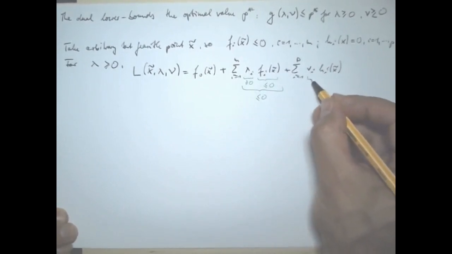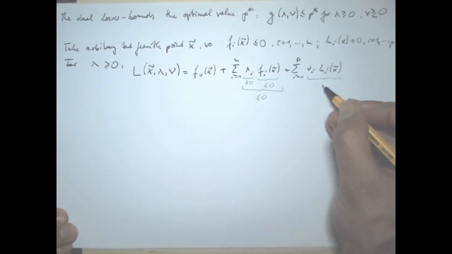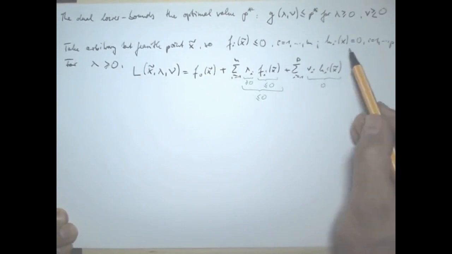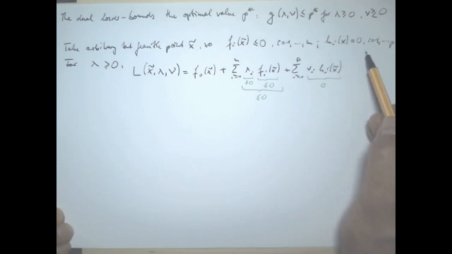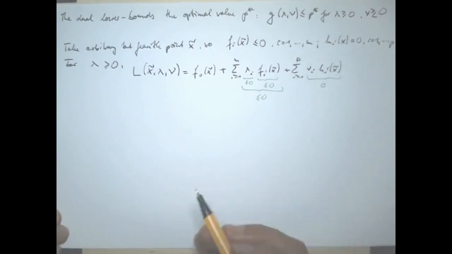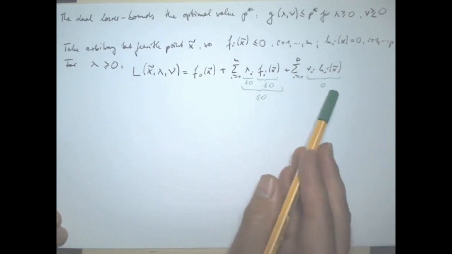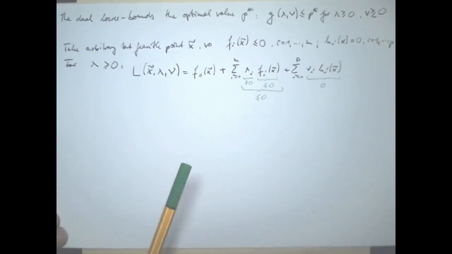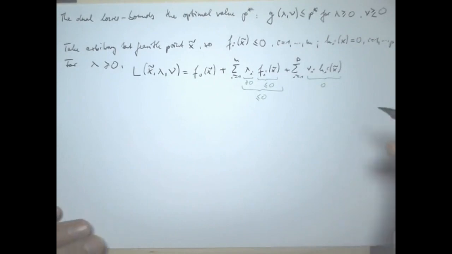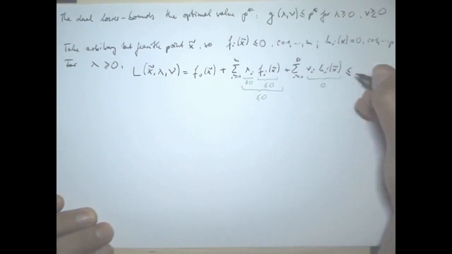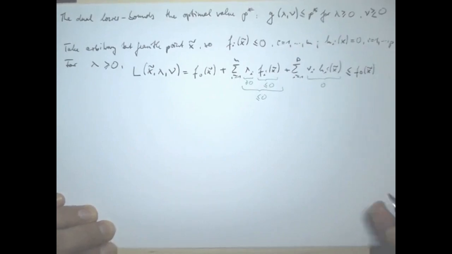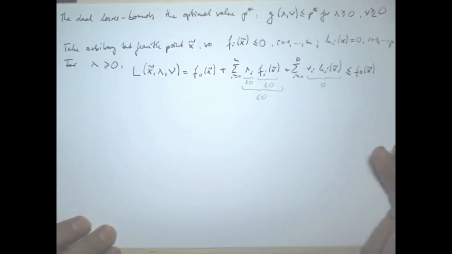And this one here is also 0, because we required that this be feasible. And so if you look at this overall, we get something that's either 0 or negative. And this is why all of the above is less than or equal the original objective function value of this feasible point.